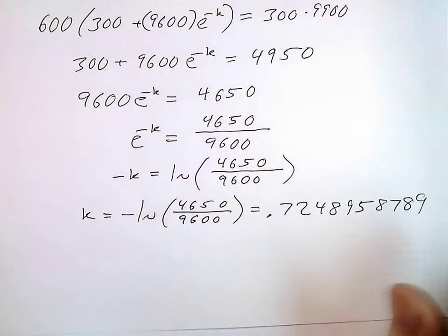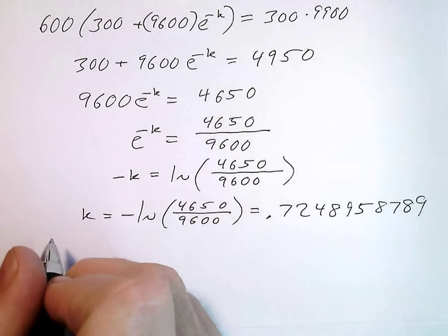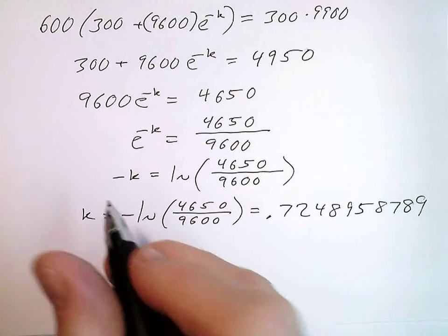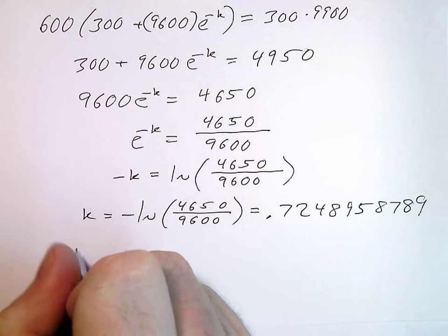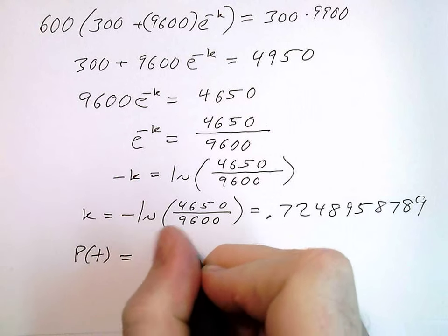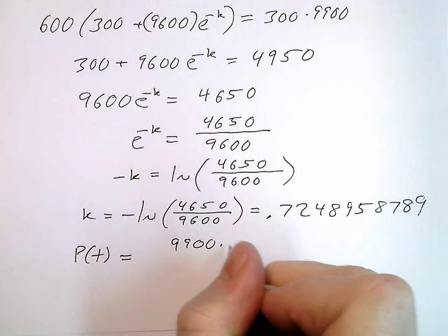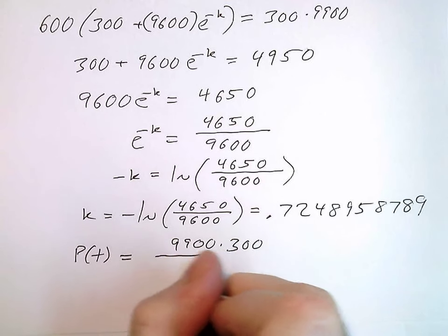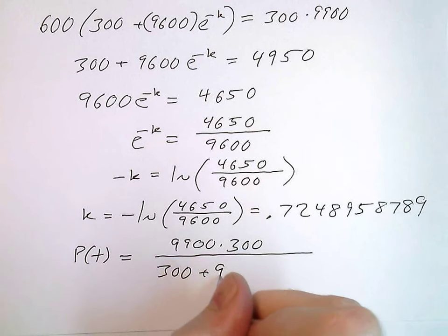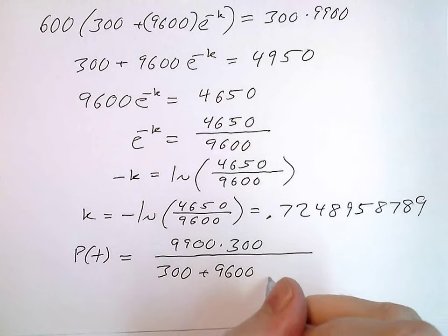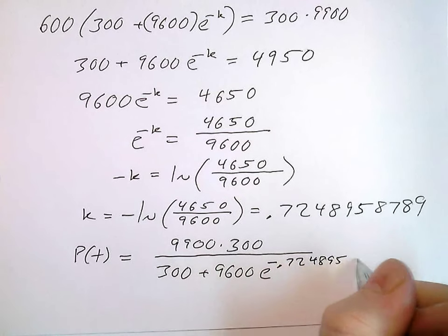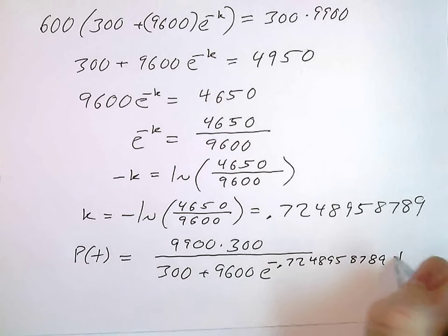And putting this back into our original function, we're going to have P of t is 9,900 times 300. That was our numerator, remember. And here I have 300 plus 9,600 e to the minus kt, with k about 0.72485789.